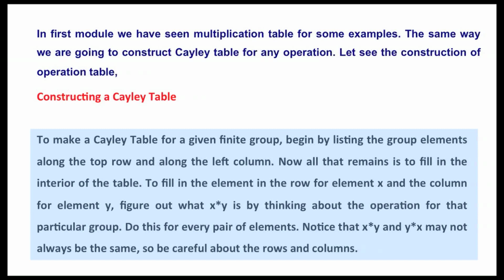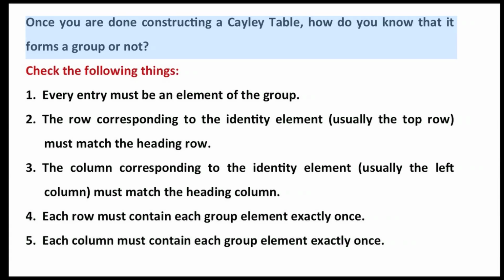To fill in the element in the row for element x and the column for element y, figure out what x into y is by thinking about the operation for that particular group. Do this for every pair of elements. Notice that x into y and y into x may not always be the same. So, be careful about the rows and columns.